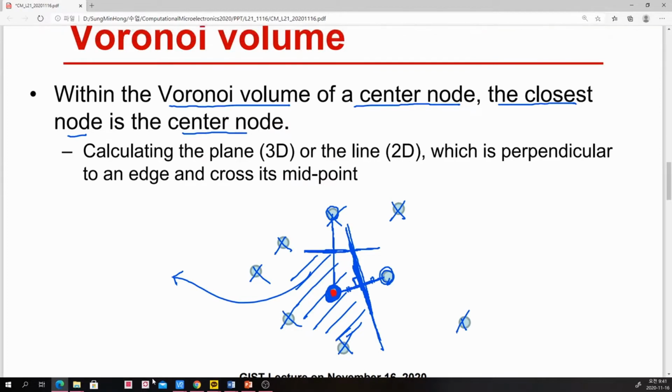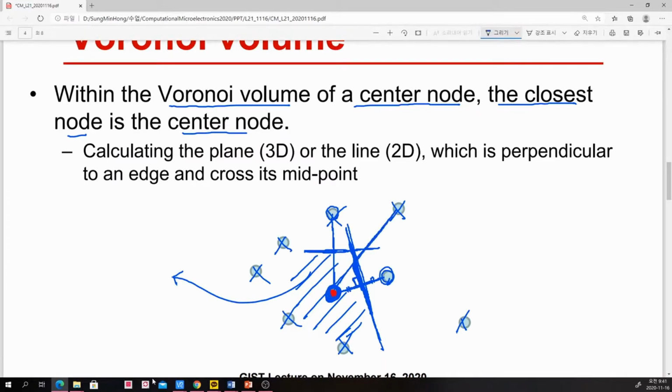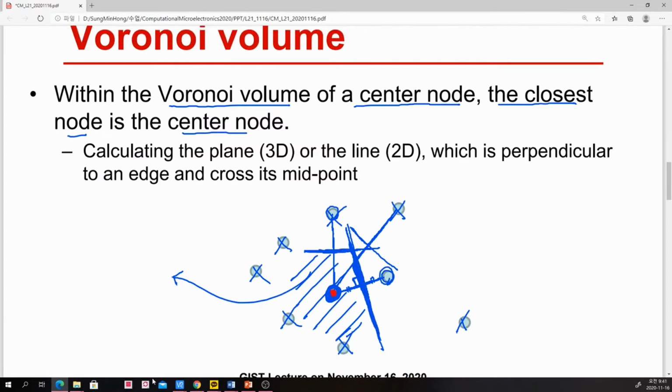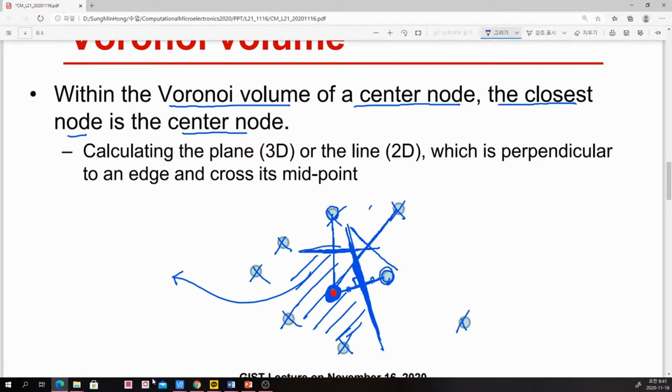And how about this? Of course, we can also draw in this way. However, this is already covered by the intersection of these 2 lines, so that doesn't contribute.